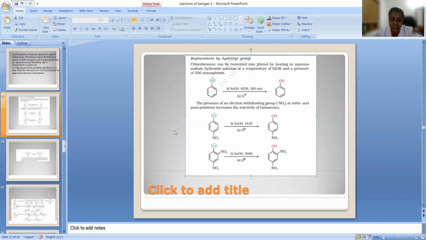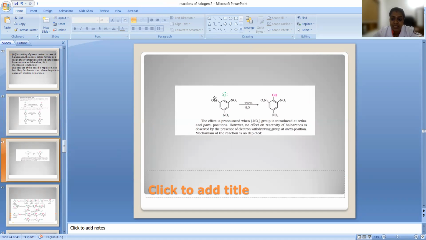Now, one more ortho position is there, right? If you put the electron withdrawing NO2 group everywhere, the electron density will decrease here, so the incoming nucleophile can easily come and substitute the Cl. You just warm it, and immediately the substitution reaction will take place.